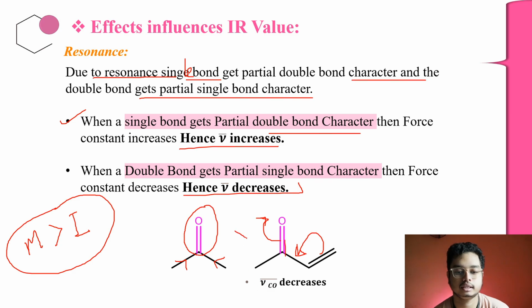That's why the IR value of this one is much greater than this. And if you talk about this CC bond stretching frequency, here it is much higher because this bond is getting partial double bond character. So you have to remember this.